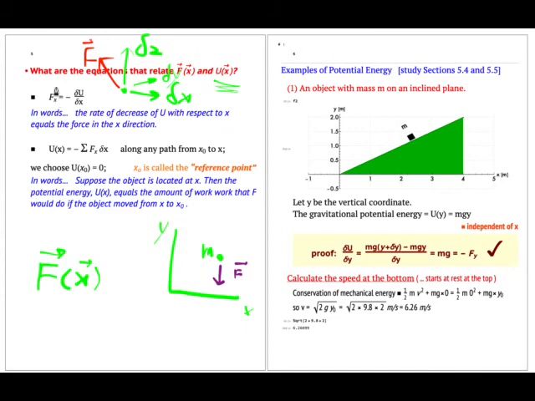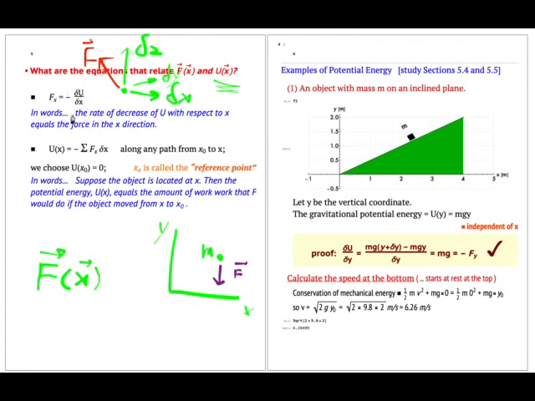So you see, the force is a vector. It has three components. It has an x component, a y component, a z component. They can all be different. So F has three components, like any vector. But u is a scalar. That's one way of writing the relationship between force and potential energy.